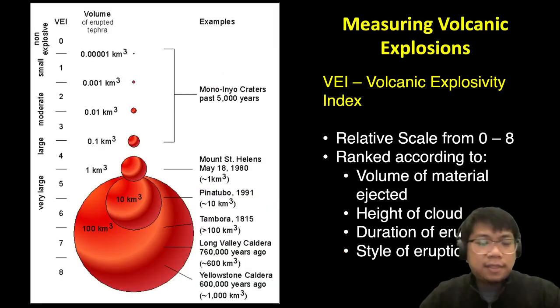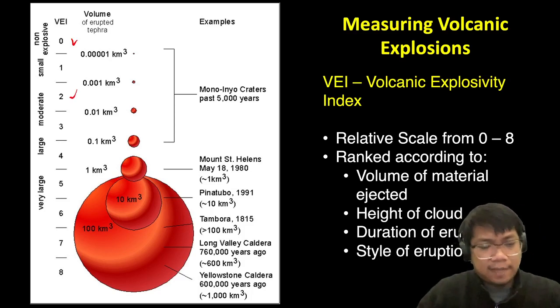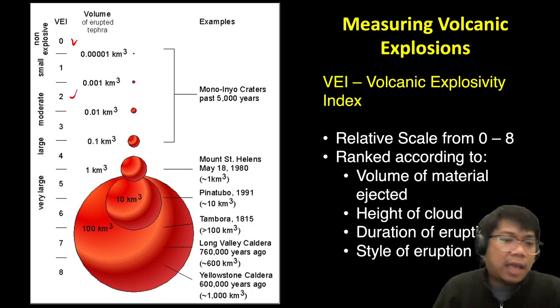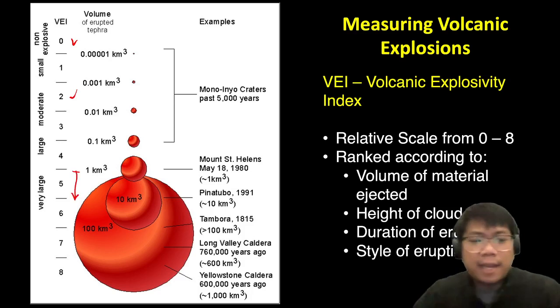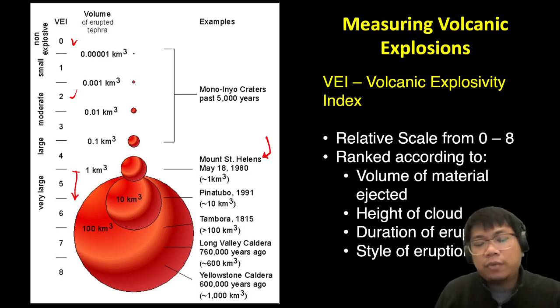All right, this is the scale just to give you an illustration of what VEI looks like. Typically VEI 0 to 2 can be considered small volcanic eruptions, and everything above 4 can be considered large to very large volcanic eruptions. For example, in the last video I showed the eruption of Mount St. Helens in 1980, right?